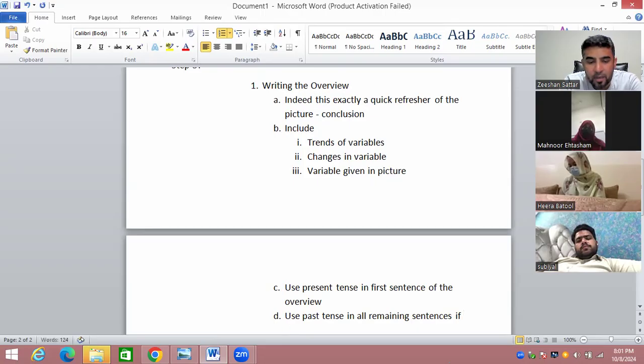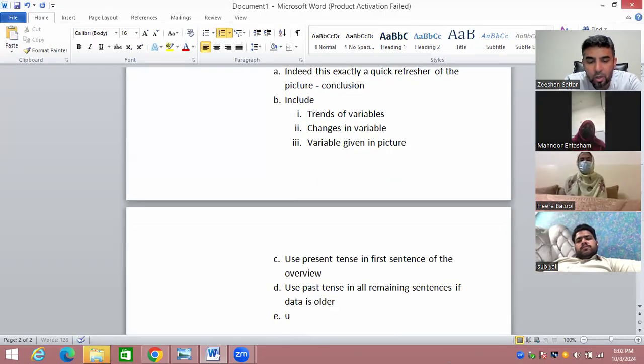If data is older, use present tense only if the data does not contain any previous year.